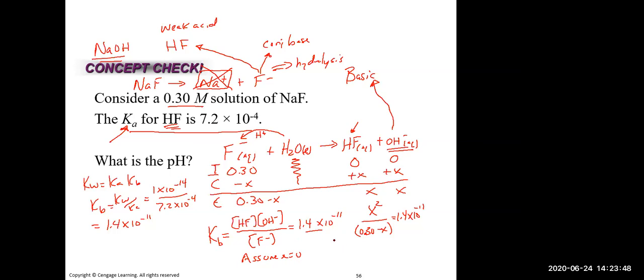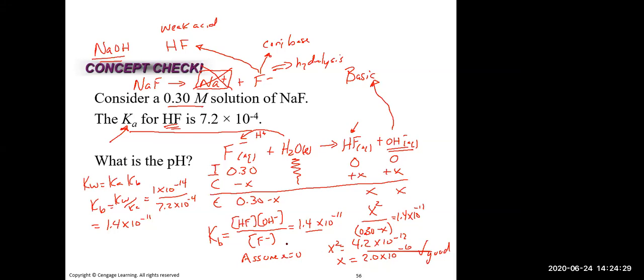If you do all that, you get x squared equals 4.2 times 10 to the minus 12, which gives you an x of 2.0 times 10 to the minus 6. We do want to make sure that we check it. So we'll take our 2.0 to the minus 6, divide it by 0.3, and multiply by 100. And we're good. We're nowhere near even 1%. So the check is good here.